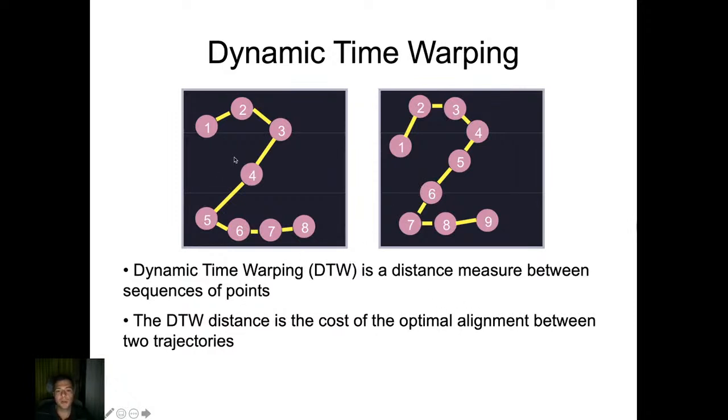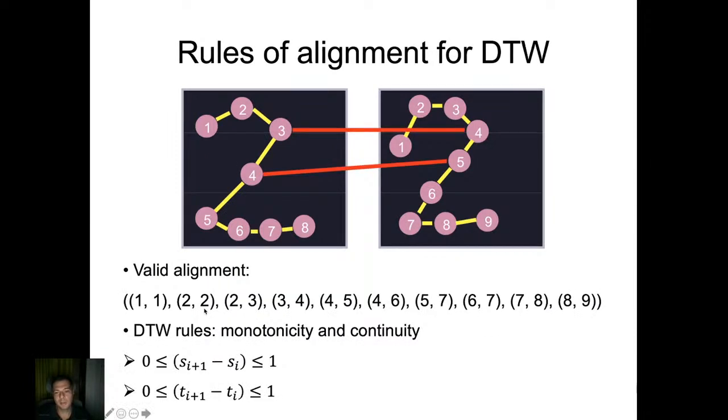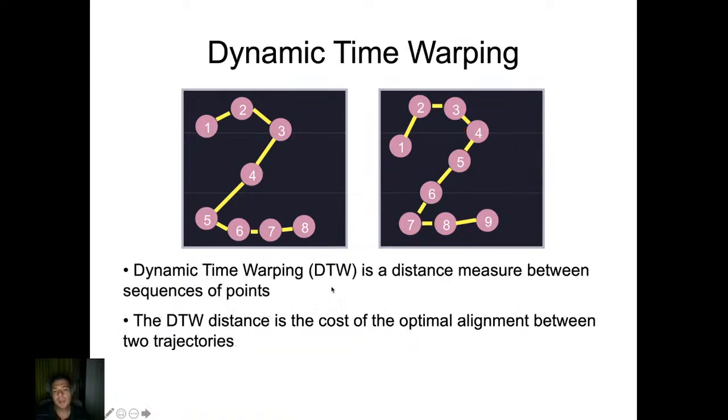So now we have, of course, different alignments possible that conform to these rules, the monotonous increase and continuity.